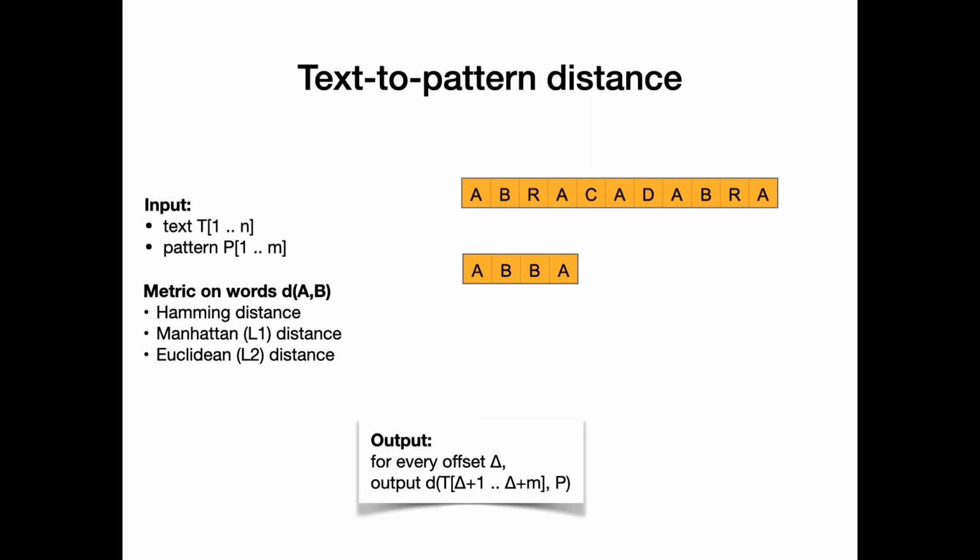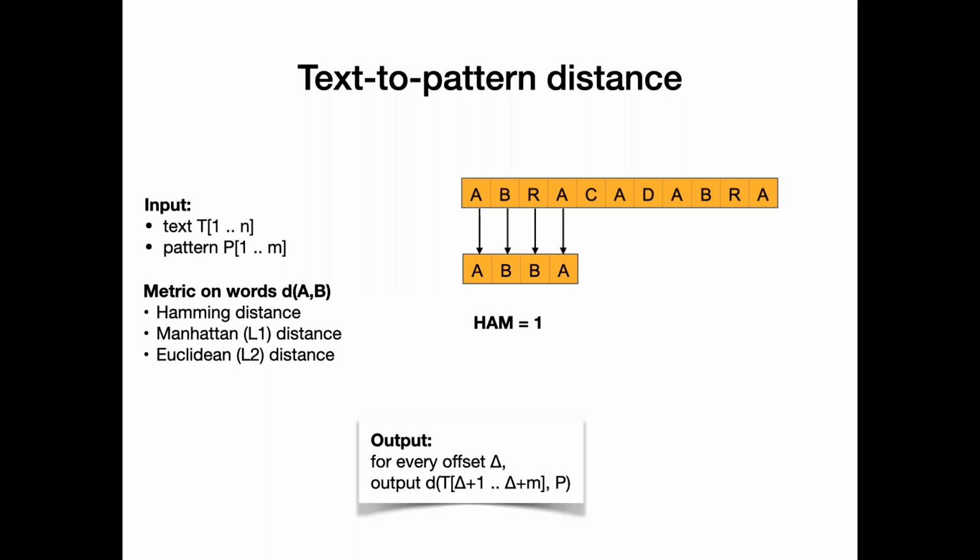Three distance functions I will be concentrating on here are Hamming distance, L1 distance, a sum of absolute differences, and Euclidean distance, a sum of squared differences. They all share a similar structure, which is just that it's a positional sum of some distance function between corresponding characters. I think this is an important thing to keep in mind.